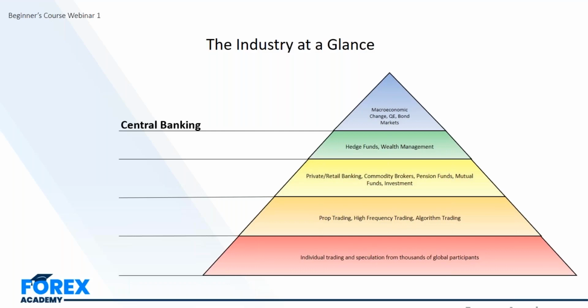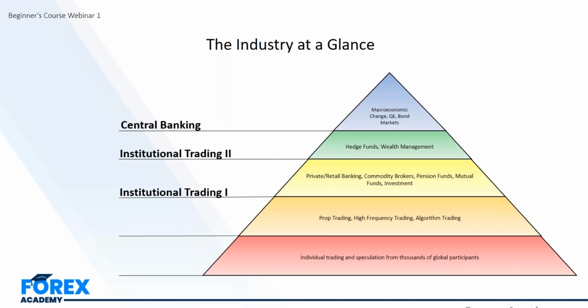We'll look at institutional trading there. Institutional trading 1 we have, which would be large capital hedge funds and wealth management funds. Institutional trading 2, which would be more in the essence of private retail banking, so your Santanders, big banks like that. Commodity brokers, pension funds like Aviva, mutual funds, investment funds.